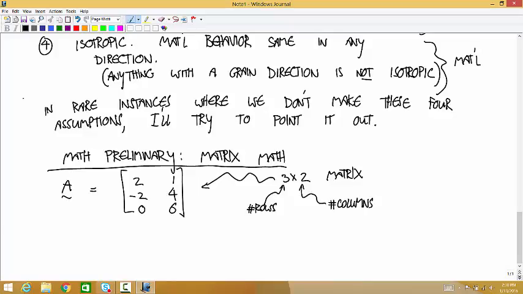And if you want to talk about the individual elements of the matrix, usually people write the names of matrices with an uppercase letter, the elements of a matrix with lowercase letters, and then you give the row number followed by the column number to indicate the element. So A11 is 2.